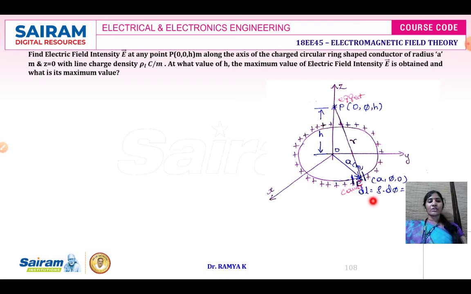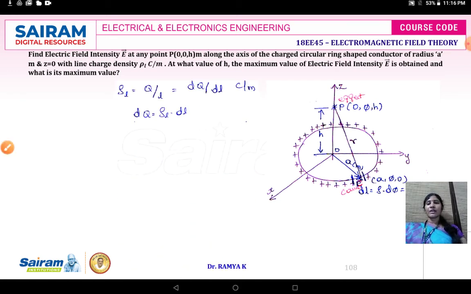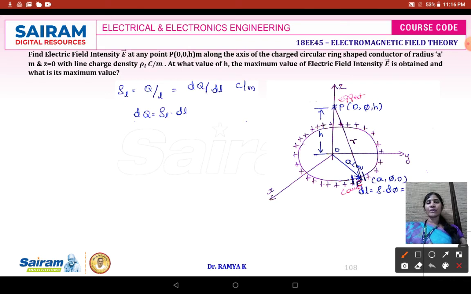Therefore you can write dl is equal to rho d phi, and the angle made from the x-axis to the point under consideration is going to be your phi angle. Now we can write the line charge density rho L is equal to q divided by L, which is equal to dq divided by dl.